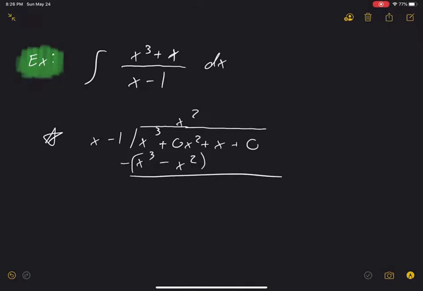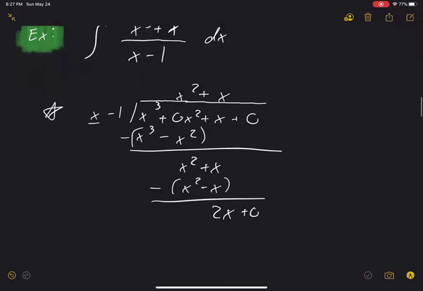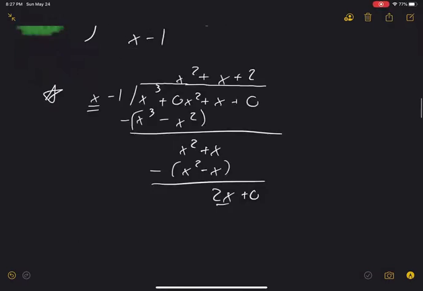Subtracting. All right, now what do I need to multiply x by to get x squared? X. And then what do I need to multiply x by to match 2x? 2.